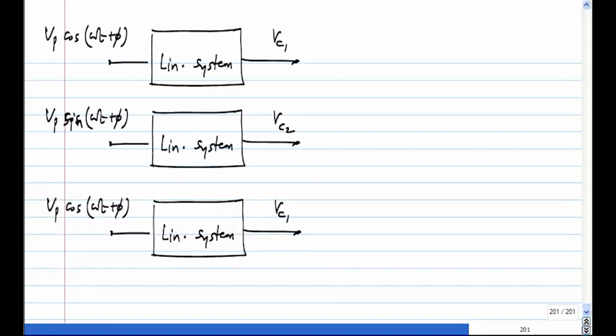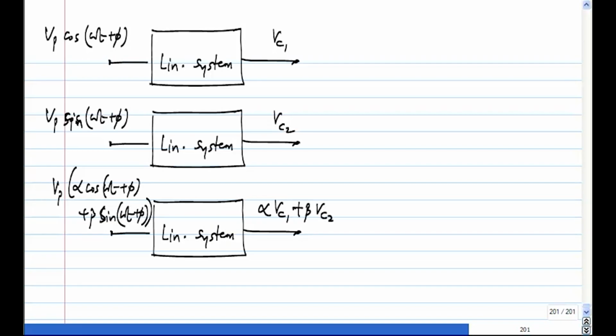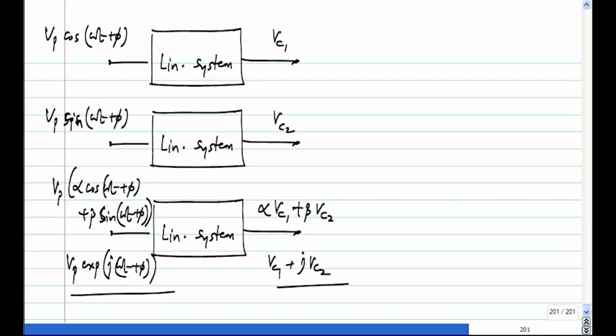So if I have Vp times alpha cos(omega t plus phi) plus beta times sin(omega t plus phi), the steady state response would be alpha times Vc1 plus beta times Vc2. That is okay. So clearly this works for any alpha and beta. So I will use alpha equal to 1, beta equal to j. So the response to Vp exponential j(omega t plus phi) would be Vc1 plus j times Vc2.